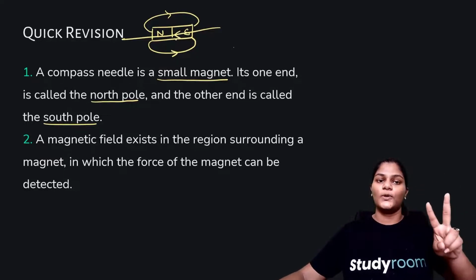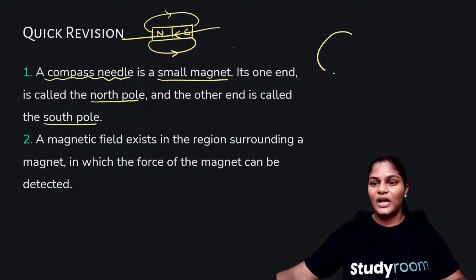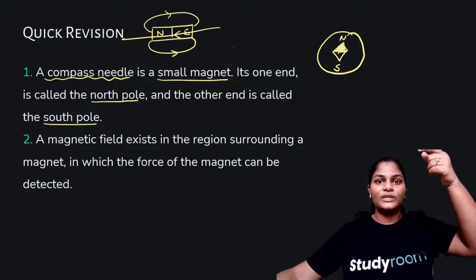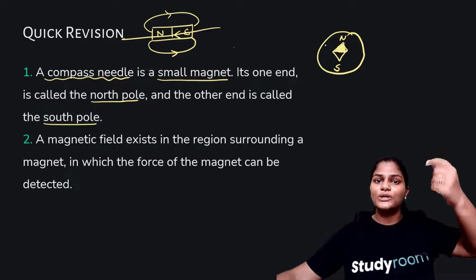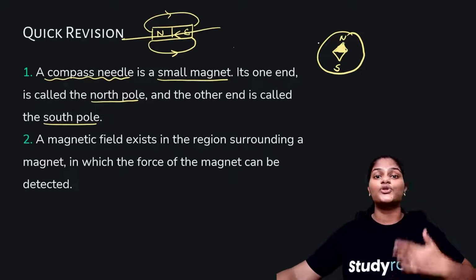Then the second thing you learned was about this compass needle that sailors use to navigate, which you must have seen in movies or books. This kind of needle points in the north-south direction, and usually the half that points towards the north is red colored, and the half that points towards south is white.